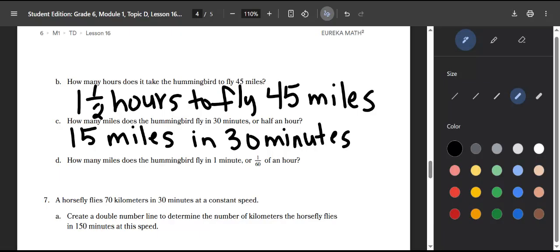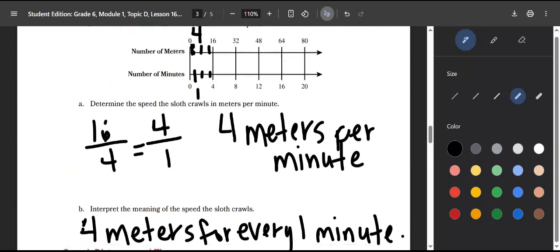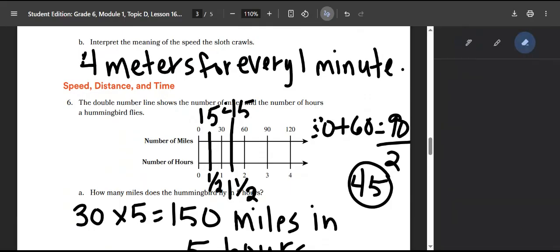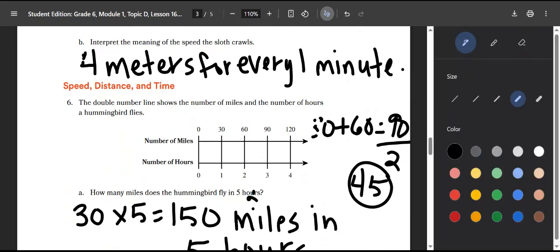So if 1 minute is 1/60th, then the number of miles is going to also be 30 divided by 60, because we divided the 1 by 60 to get a minute, which is 1/60th of an hour. So now we got to divide the 30 by 60.